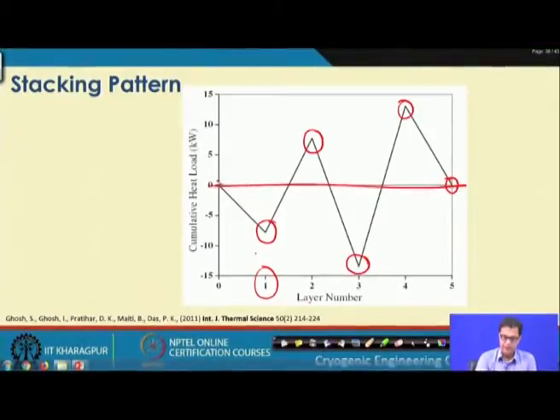So, an indication that the simulation is correct is that it will start with 0 and end with 0, and in between there is this zigzag pattern.